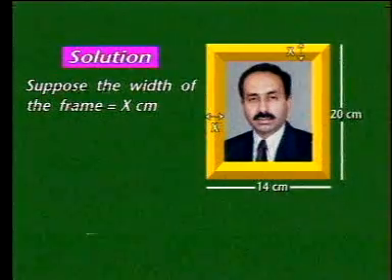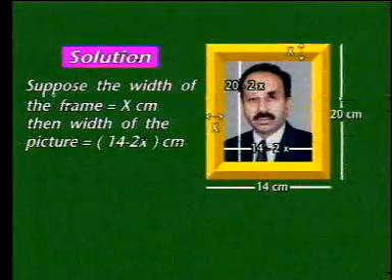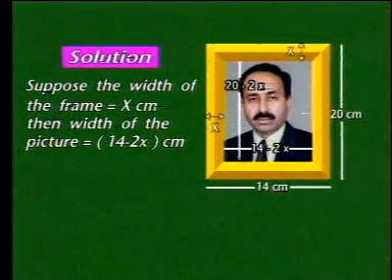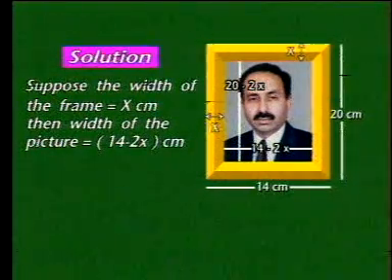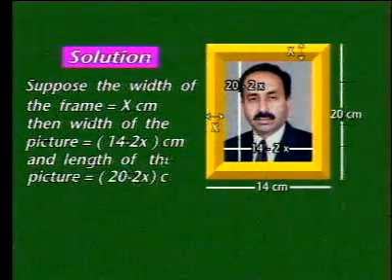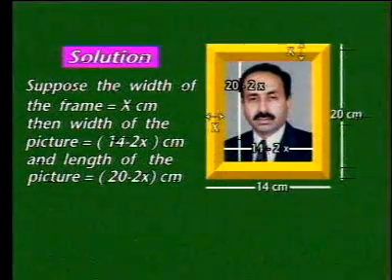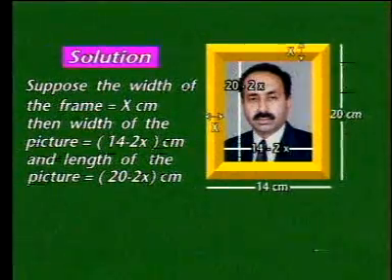Suppose the width of the frame is x centimeter as indicated. Then the width of the picture will be 14 minus 2x centimeter. And the length of the picture is 20 minus 2x centimeter.